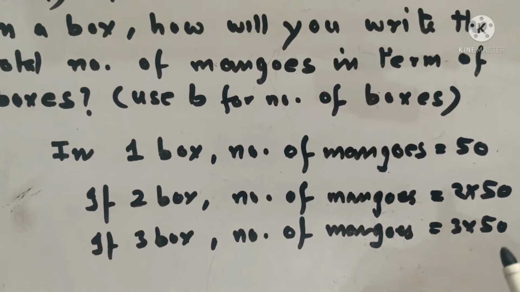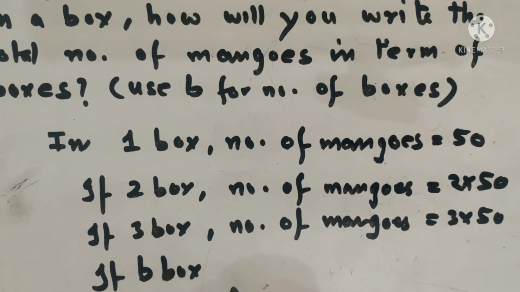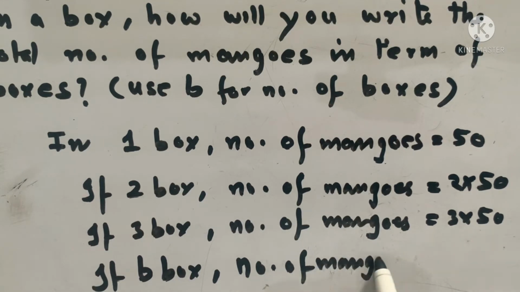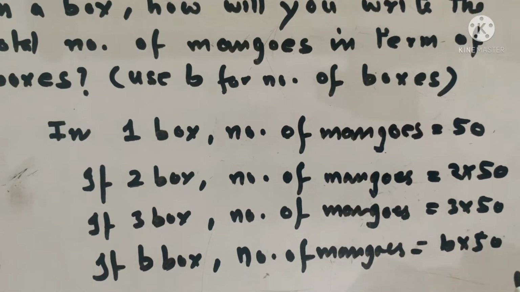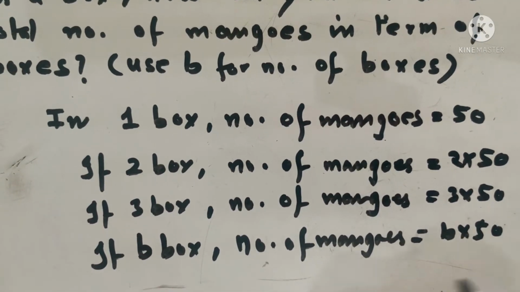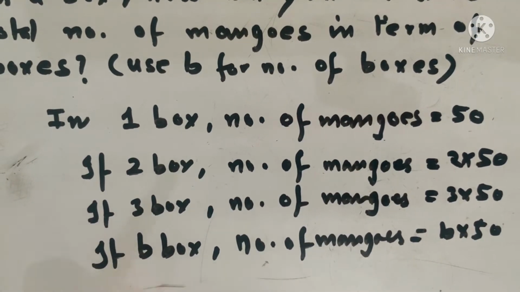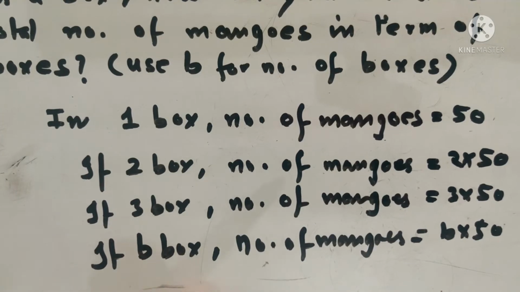Now if there are B boxes, then the number of mangoes will be B into 50.